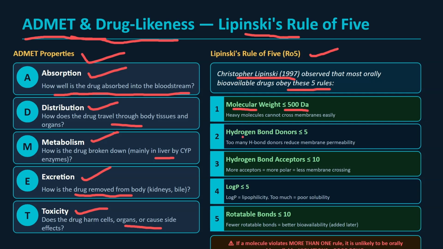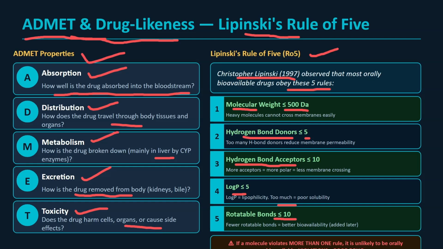Next is hydrogen bond donors, which must be 5 or less. Rule number 3 is hydrogen bond acceptors, which must be 10 or less. Rule number 4 is logP, which is lipophilicity, and must be 5 or less. Next, rule number 5 is rotatable bonds, which should be 10 or less.